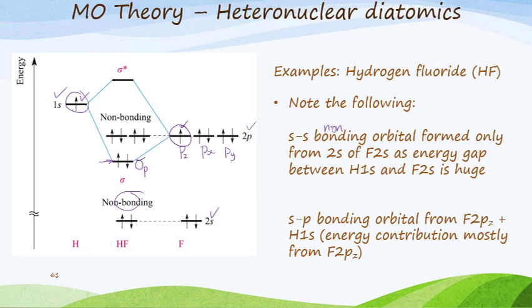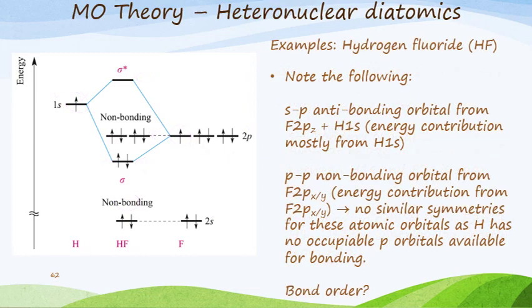So therefore the pi orbital here is just going to be a non-bonding orbital, and of course then you're going to have the anti-bonding orbital up here as a result of the corresponding orbitals from the pz and 1s interaction. Okay, so that's how we construct the molecular orbital diagram for HF.